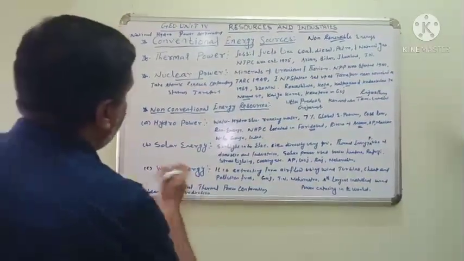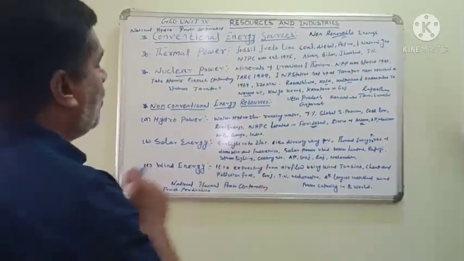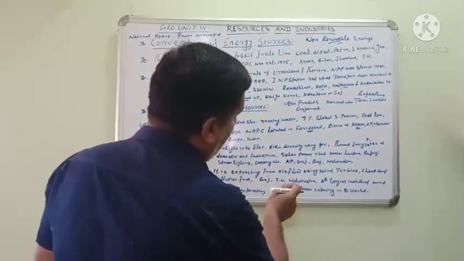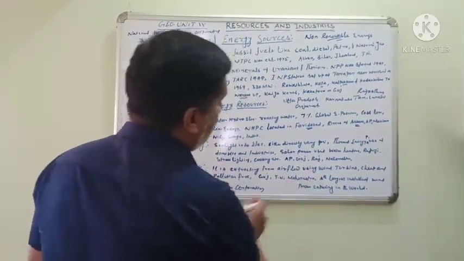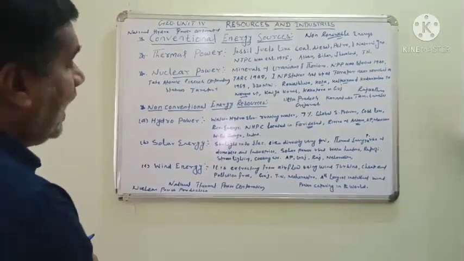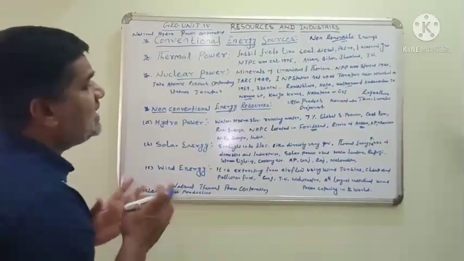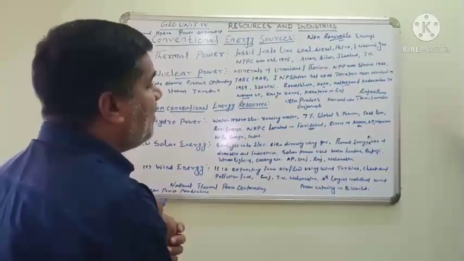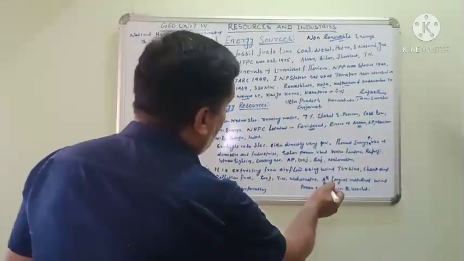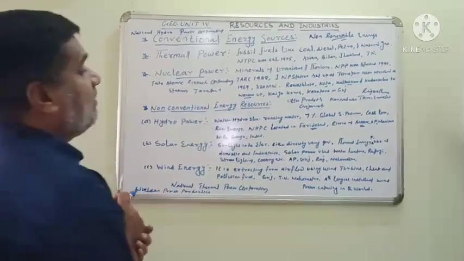Wind energy is mostly found in our country in Gujarat, Tamil Nadu, Maharashtra and other places. India has the fourth largest installed wind power capacity in the world.